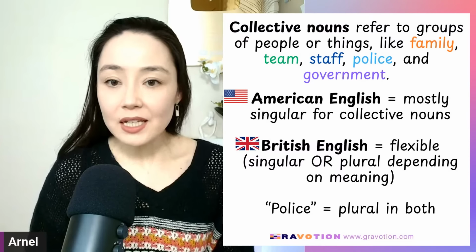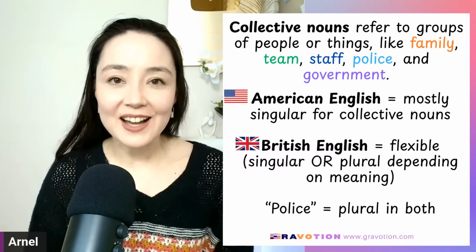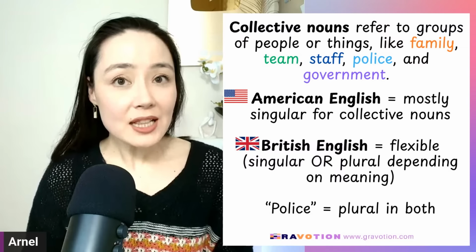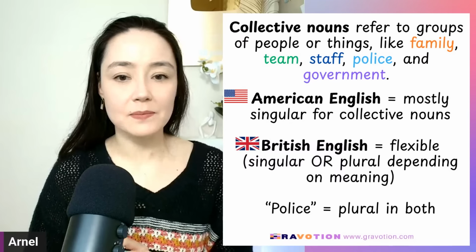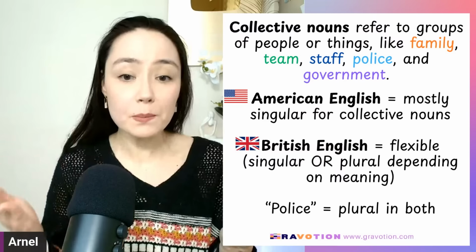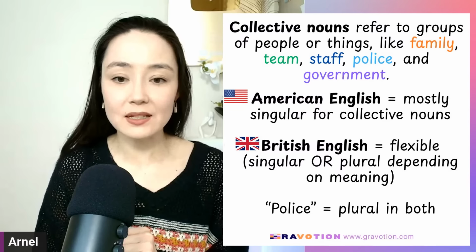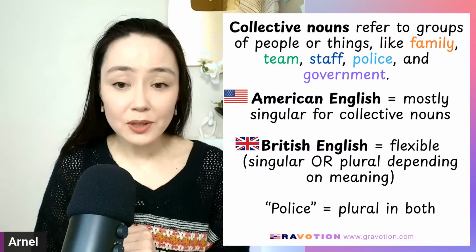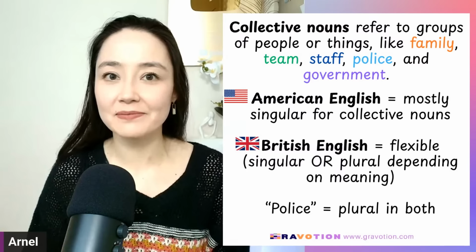In American English, mostly singular for collective nouns. British English is a little bit more flexible here. I will give you some more details. In British English, collective nouns can be singular or plural depending on meaning. Police is plural for both American and British English.